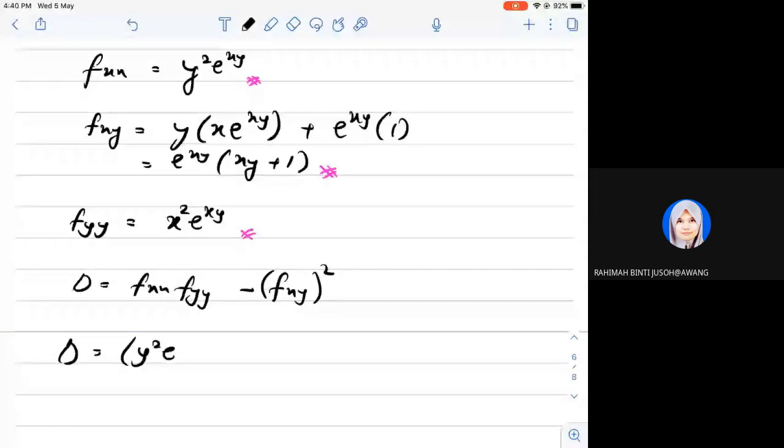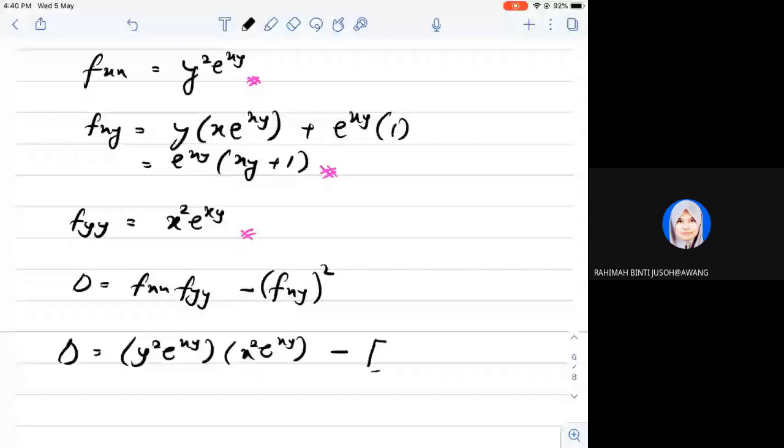Fyy adalah x squared eksponen xy minus fxy kuasa 2. So, saya buat bracket. Eksponen xy, xy tambah 1 kuasa 2 like this. Okay. Now kita ada satu critical point je kan at 0, 0.